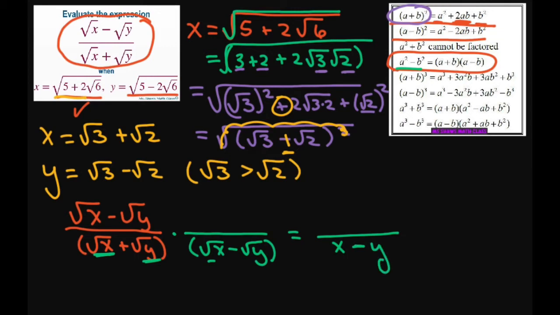Now our numerator is you have to multiply this by square root of x minus square root of y. So basically you just have square root of x minus square root of y squared.